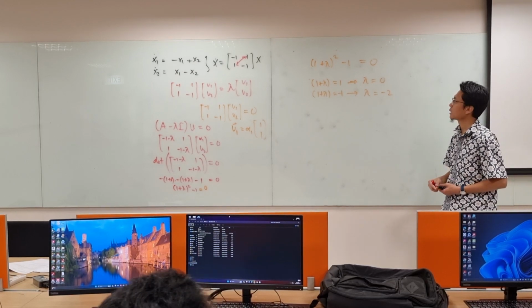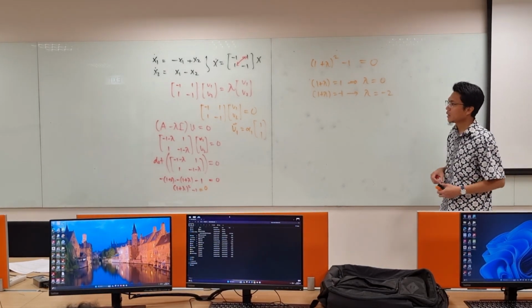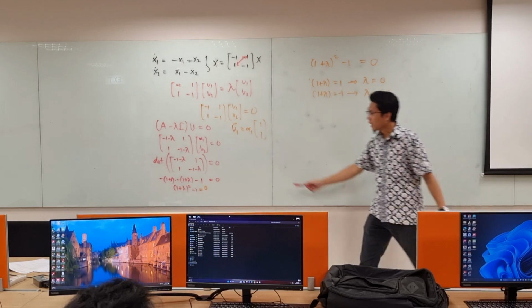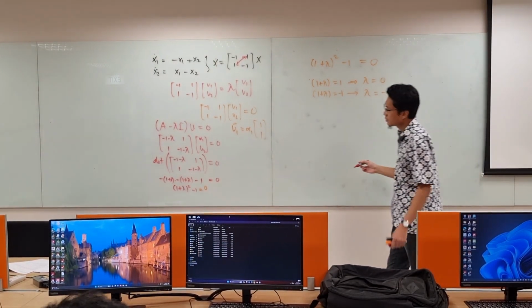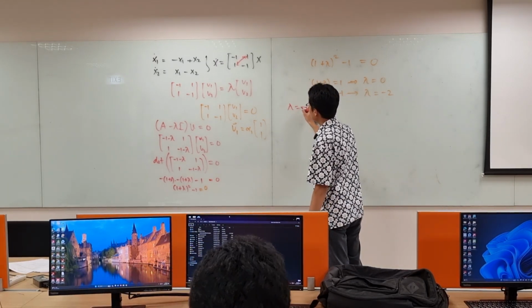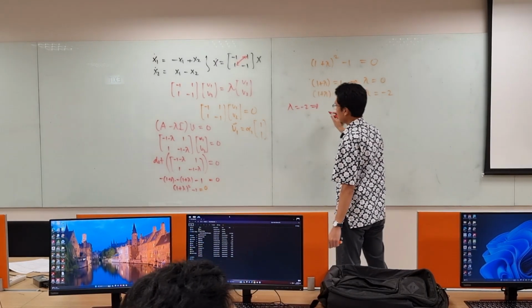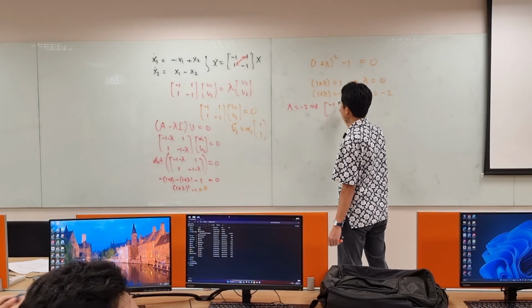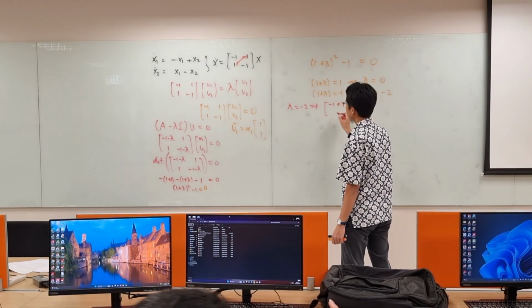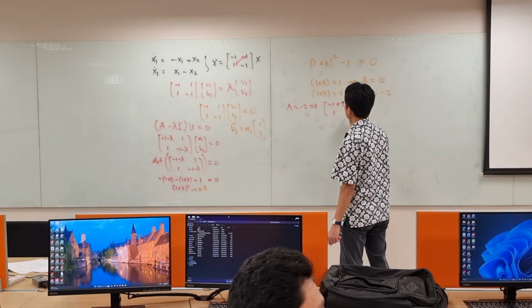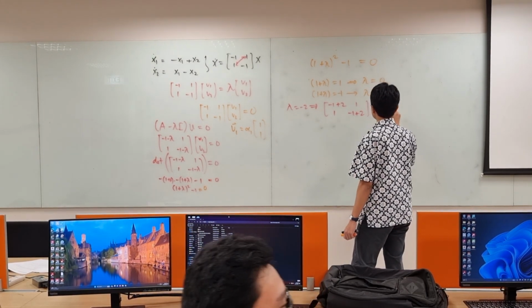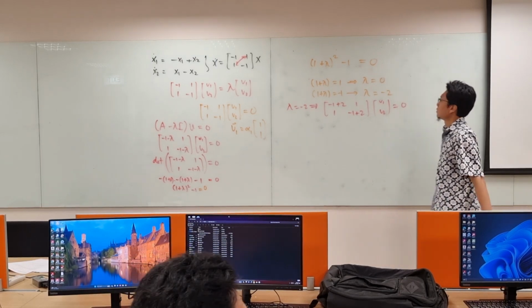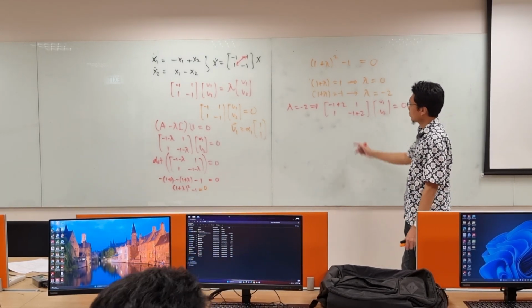So this is the eigenvalue. Eigenvector, we know it already for lambda equal to 0. And then for lambda equal to minus 2, the eigenvector: what do we have?